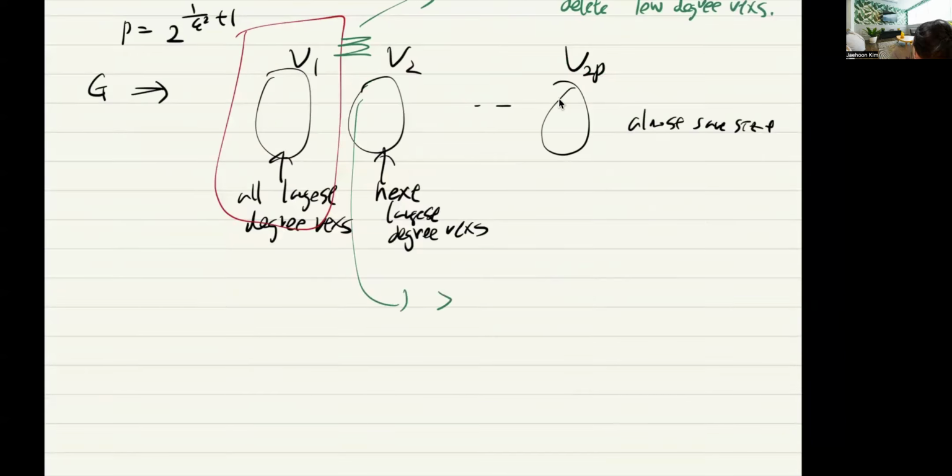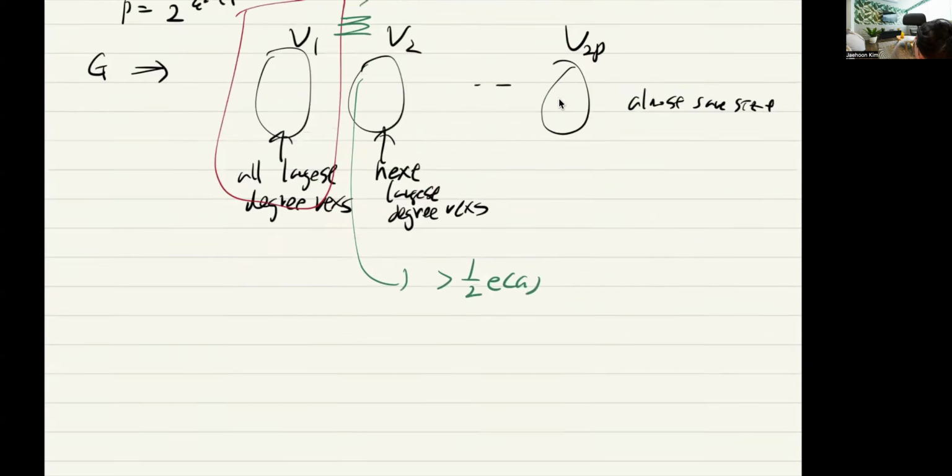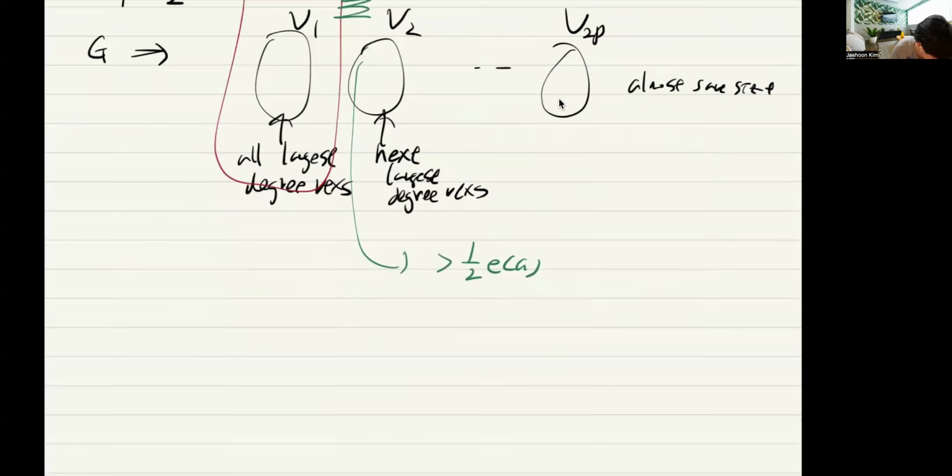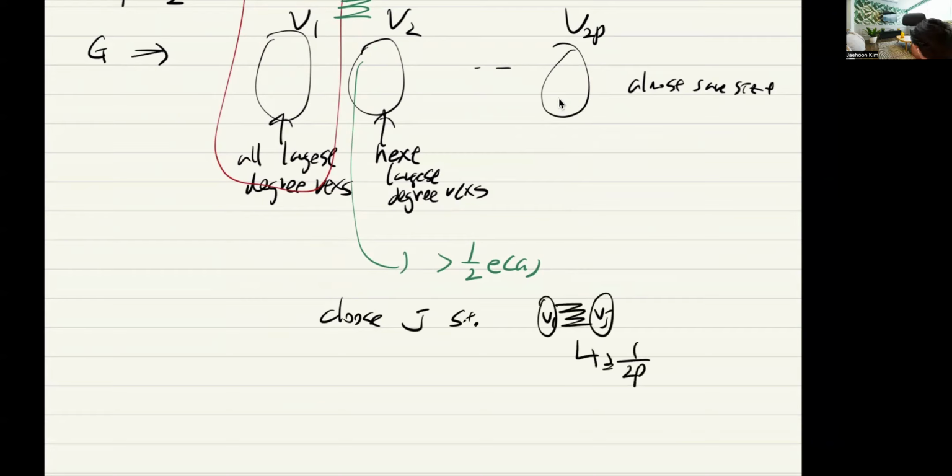And if this one is bigger than half of E of G, then what you do is choose j such that between B1 and Bj, the number of edges is at least 1 over 2p times E of G. Sorry, 1 over 4p.